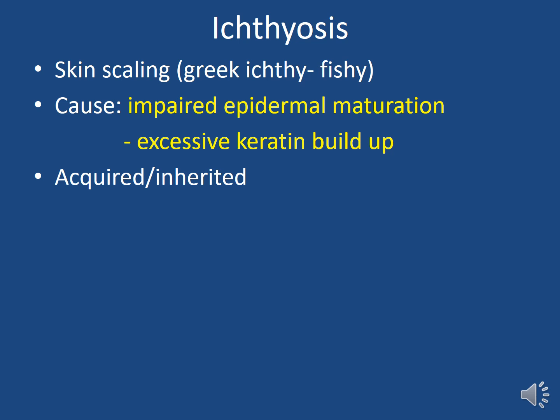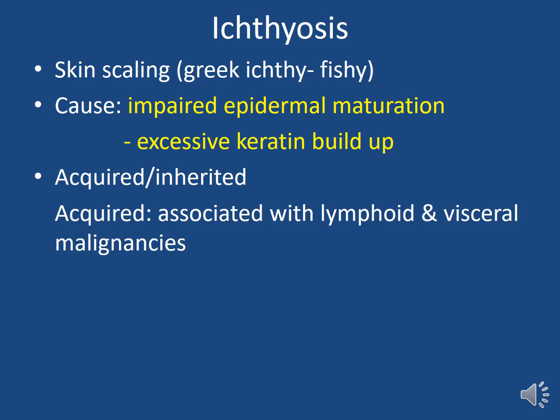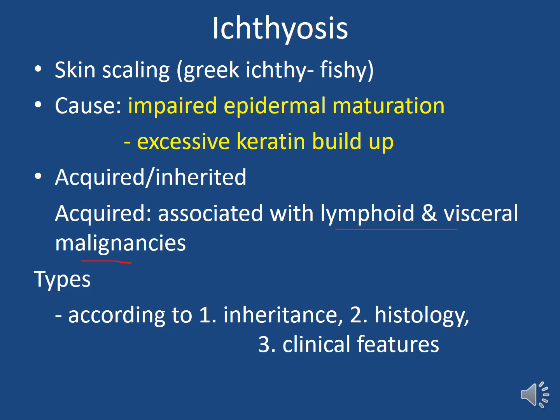So this condition may develop in an acquired form or inherited form. Usually, the acquired form is associated with white blood cell or lymphoid malignancy or internal organ malignancy, where these neoplasms will release growth factors that will increase keratin formation and impair the maturation of the squamous cells in the epidermis.